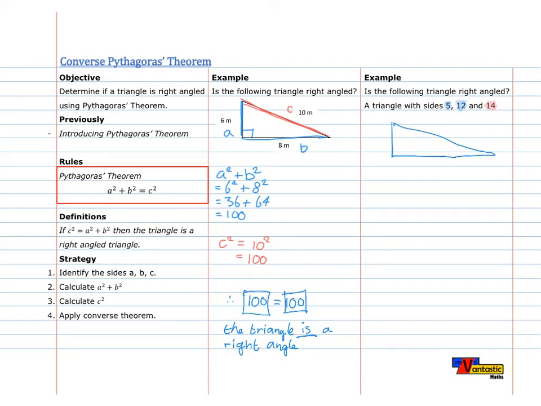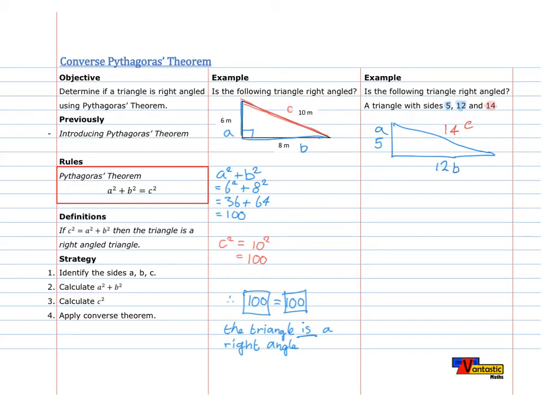So we're going to have a triangle with sides 5, 12, and the longest side is 14. And obviously the longest side is c, and then a and b.